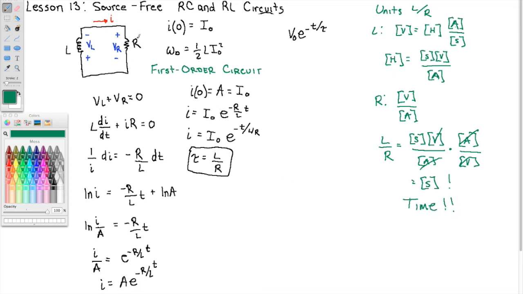So the time constant for the RL circuit is L over R, and that unit is seconds. Great. So our equation then for the current in that inductor is right here. So let's make a plot of it.